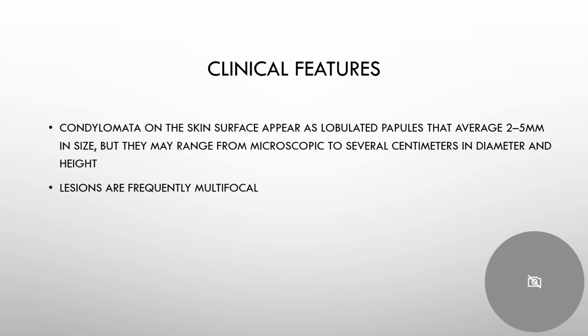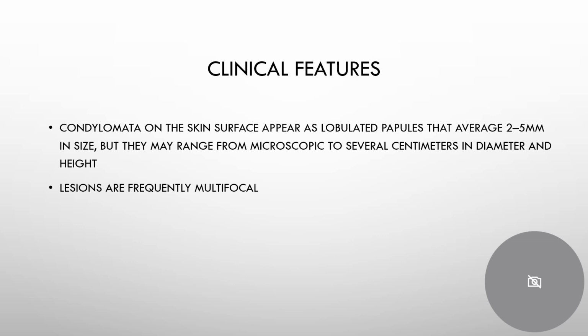Condylomata acuminata, or genital warts, appear as lobulated or verrucous, hyperpigmented or tan, flesh-colored papules. Although they may typically be 2 to 5 millimeters in size, they can also become much larger and very extensive.